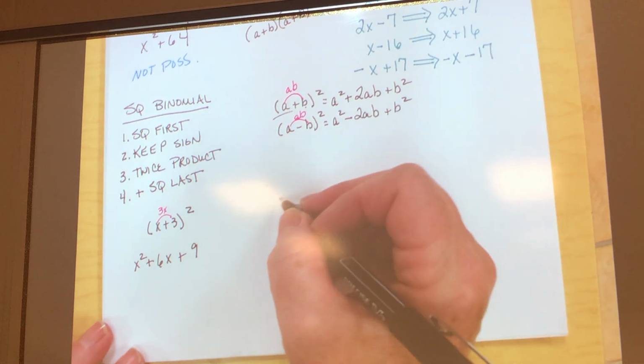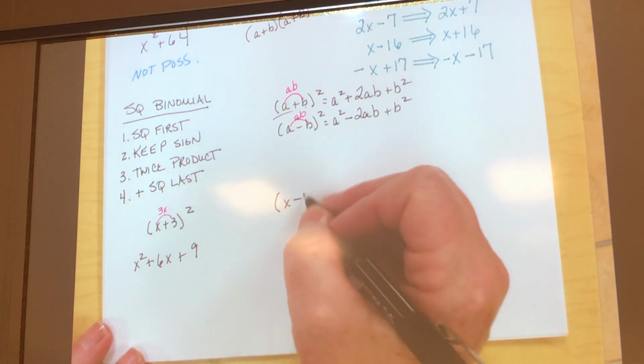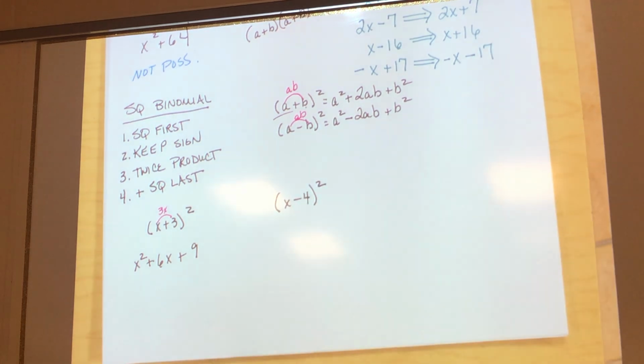All right, let's try another one. X minus 4 quantity squared. Go, you have 5 seconds.